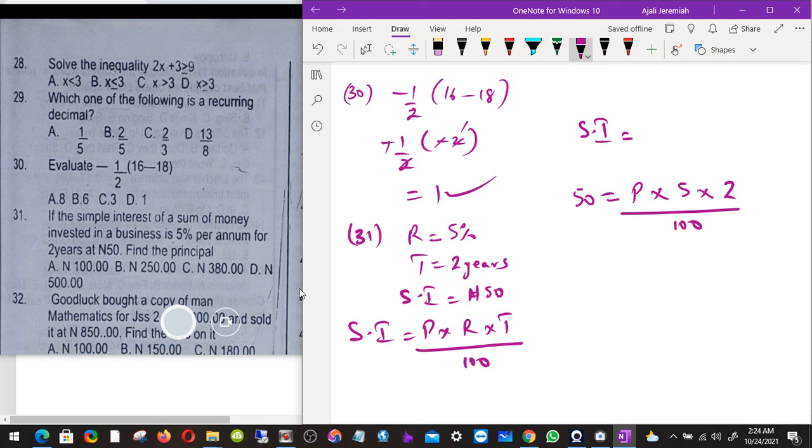This is 10, so it will cancel one of these zeros. So P is 50 times 10. So the principal was 500 naira.